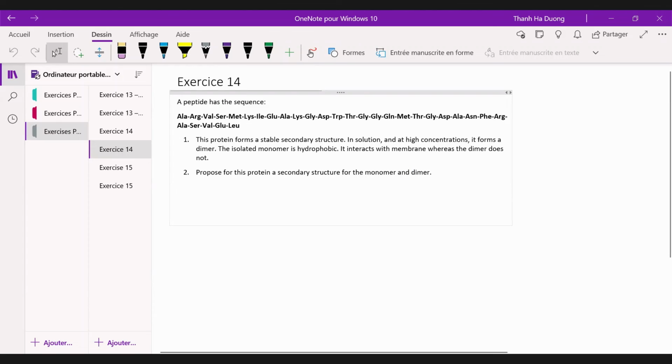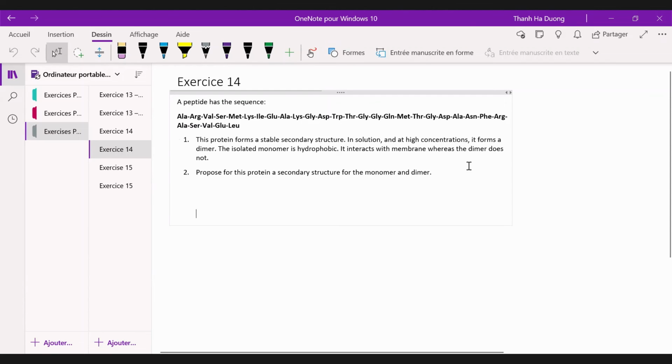Second part of this exercise. You have this sequence. This protein forms a stable secondary structure, so you have to tell me which structure.